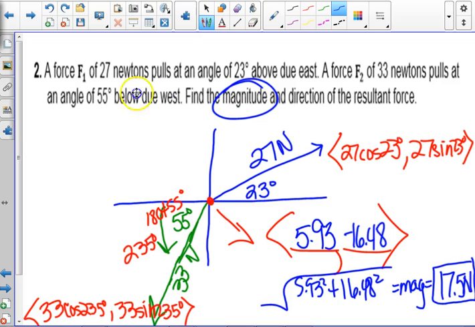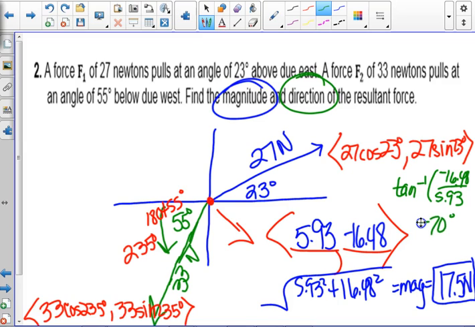Okay. Degrees. Find that stupid direction part that we hate. Inverse tangent of negative 16.48 over 5.93. Negative 70 something degrees. Okay. And is that in the right quadrant, negative 70?